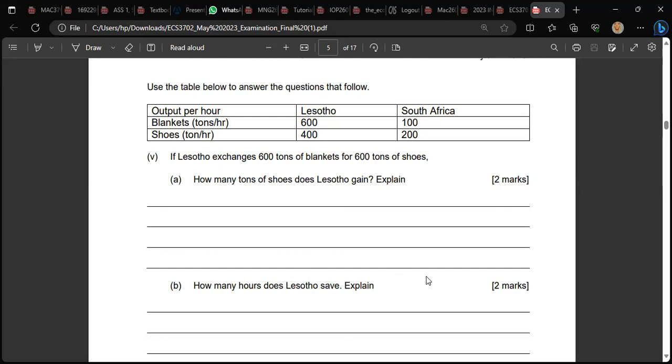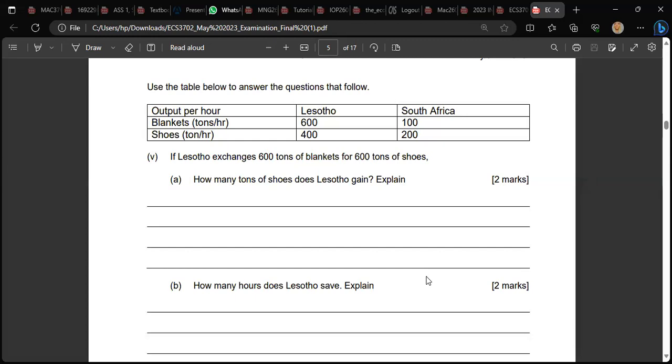And just to find out, if they lose the 600 blankets, does that mean they now have 0 blankets that they are producing, or does that number still stay there? It still stays there. Here we are simply analyzing it in terms of prices, not in terms of physical movement of goods.